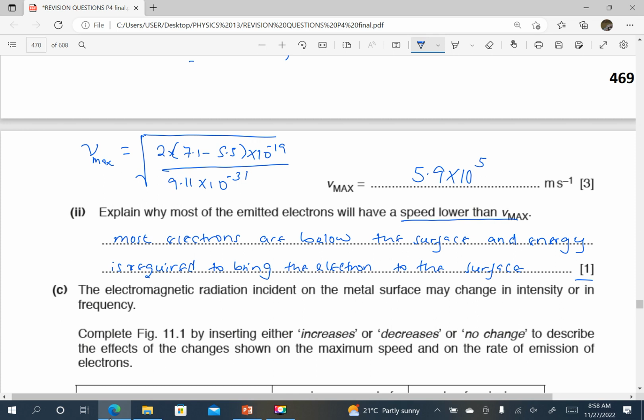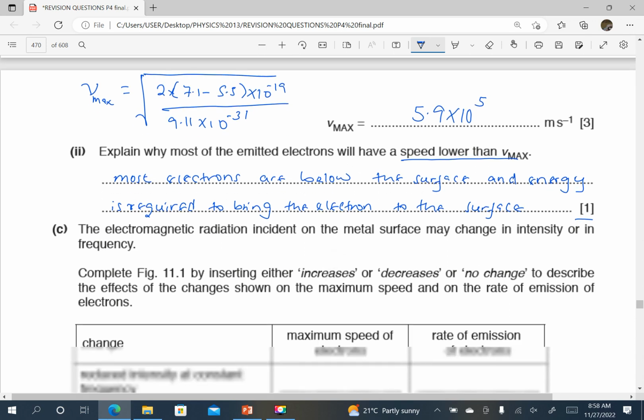That's why the energy of these electrons, which we got from below the surface, will be less than the maximum, and will give less than the maximum kinetic speed. Because some energy is used to bring them to the surface, so what remains is relatively lower than the maximum kinetic energy. Okay.